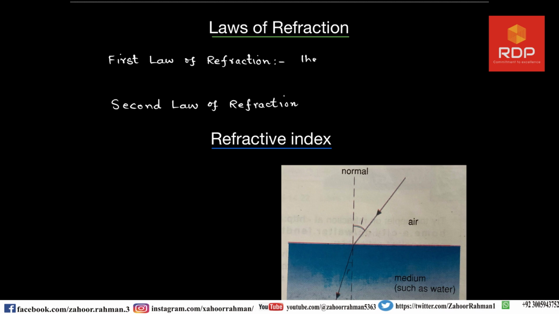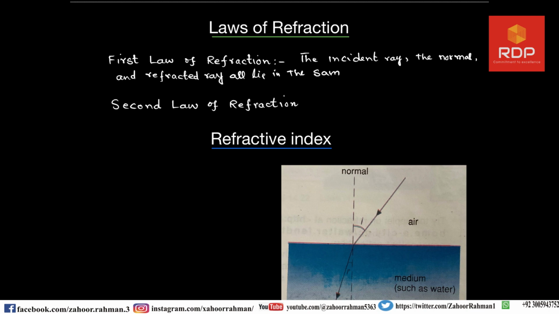The incident ray, the normal and the refracted ray all lie in the same plane, and that is the verdict.